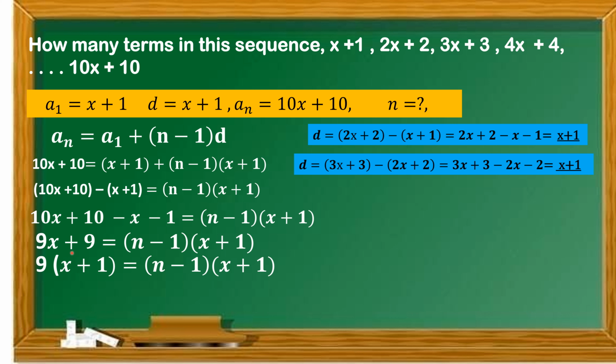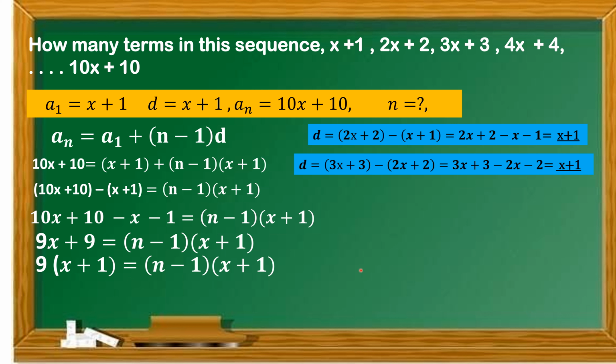So 9x plus 9, the common monomial factor is 9, because 9 can divide 9x, and at the same time, this 9 can divide 9. So therefore, the 9 is common. 9x divided by 9 will give us x, while 9 divided by itself, we have a positive 1. Then it is equal to n minus 1 times x plus 1.